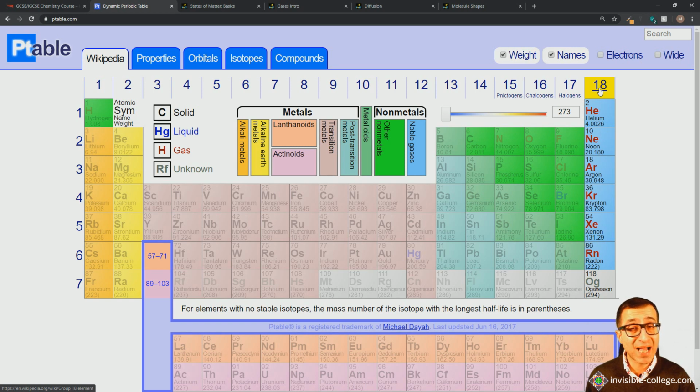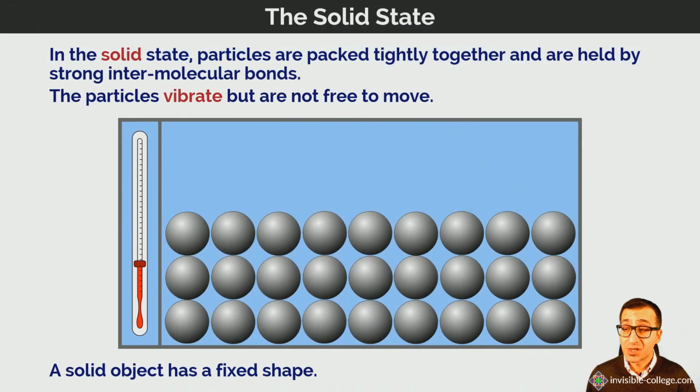They exist as individual atoms moving around. But those atoms themselves are not featureless solid spheres, as is being depicted here. They are, in fact, composed of mainly empty space, within which you have a small, dense, positively charged nucleus surrounded by clouds of moving electrons in energy levels.